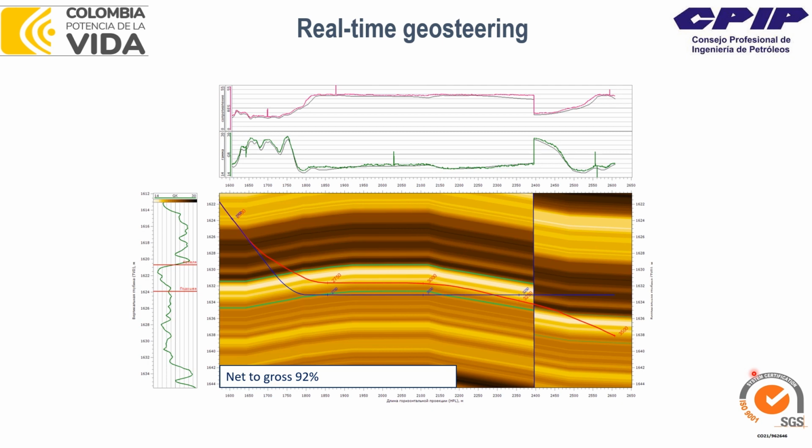This is the final correlation of the well, and you can see here the number called net to gross, 92%. That's the main key performance indicator of the geosteering, called NTG, or net to gross. It is calculated by dividing the net pay zone, which means how many meters we have in our pay zone, by the total meterage of the well, and multiplying by 100%.